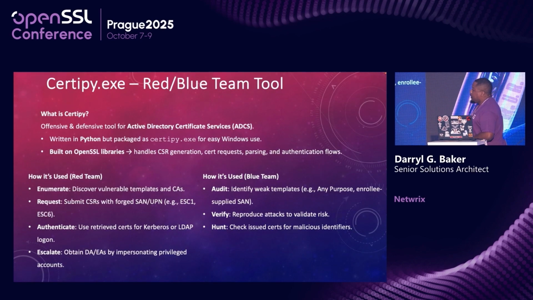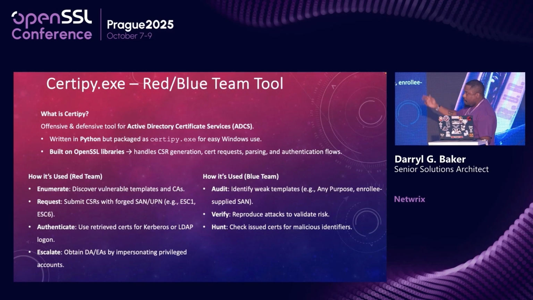That being said, anytime there's a powerful framework, especially if it's open source, somebody's going to take it and use it for malicious purposes. That brings us to probably the most significant red teaming tool, a malicious actor tool that you can commonly download off of GitHub right now, known as Certify.exe.